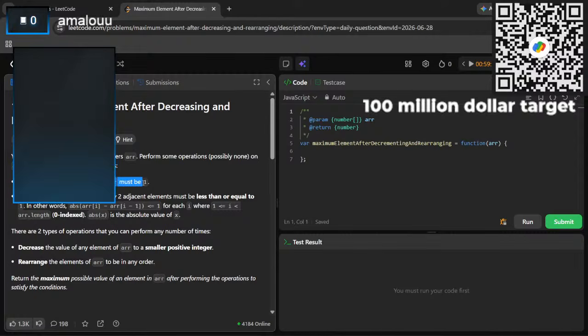The value of the first element of the array must be 1, and the absolute difference between any two adjacent elements must be less than or equal to 1.